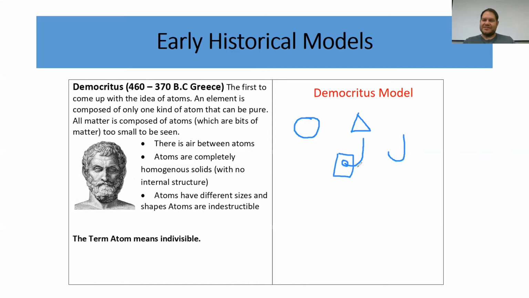Okay, so Democritus, we want to give him credit for pushing the atom idea, even though he most likely was not the first Greek philosopher to develop this thinking. Okay, but what happened?